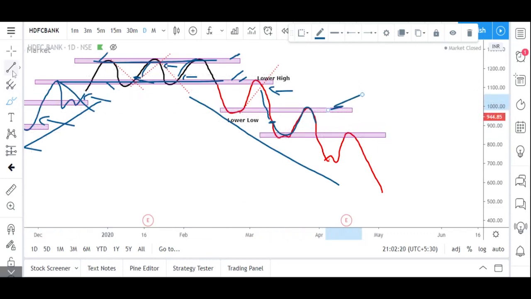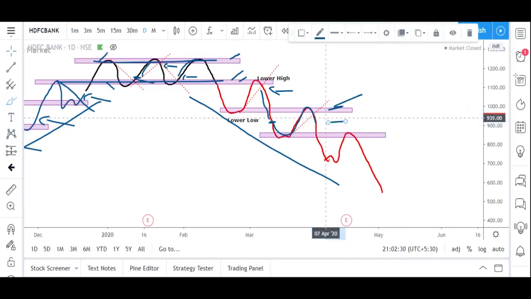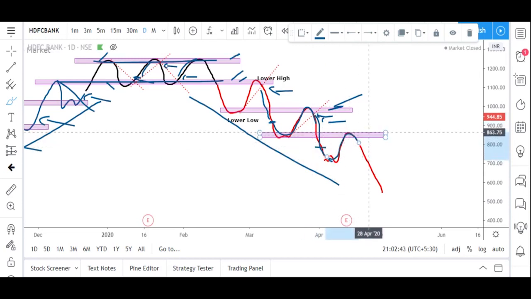You draw a short-term trend line from here till here, and once it breaks, you enter the trade somewhere here, and you take the swing, you take the profit, and you book your profit somewhere here, and you wait for a pullback. When it comes to the support region, this is a support, this was the resistance earlier, and that resistance area will be the support.